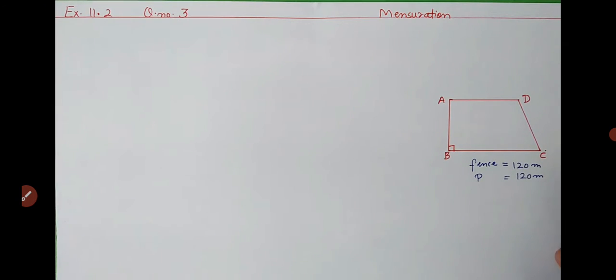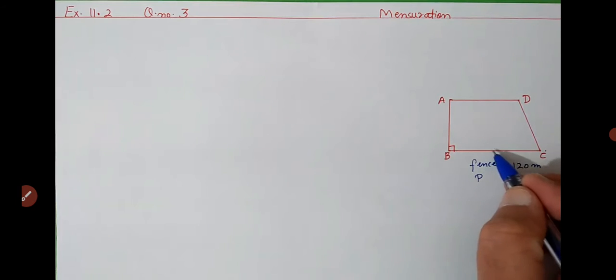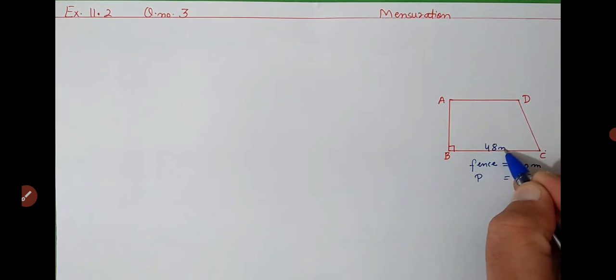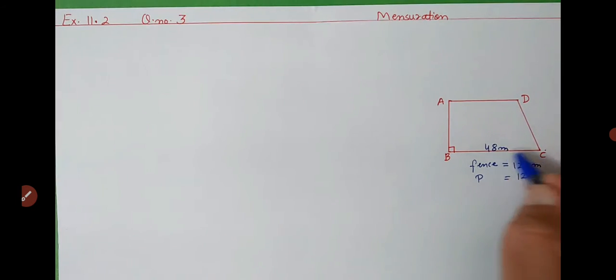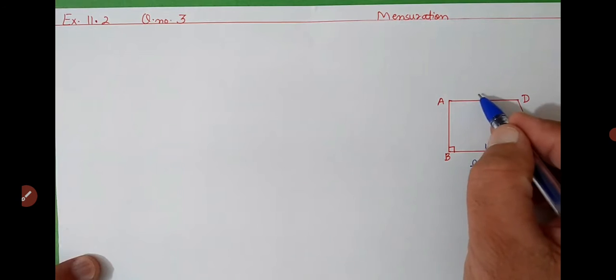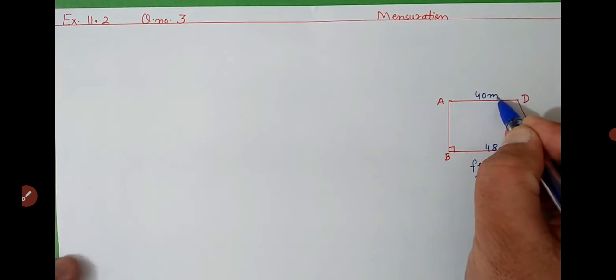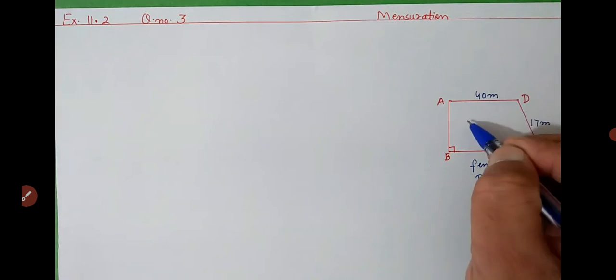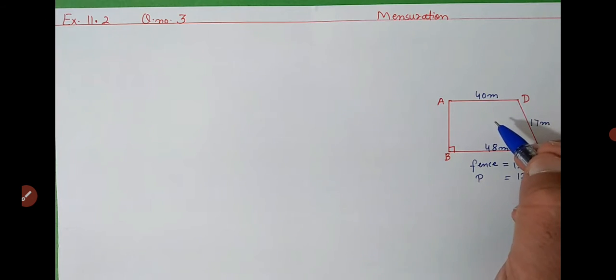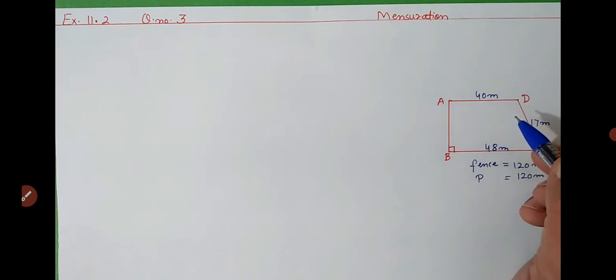So how much fencing do we have to do? 120 meter. The perimeter is given, BC is given, CD is given, AD is also given, and we have to find the area of the field.